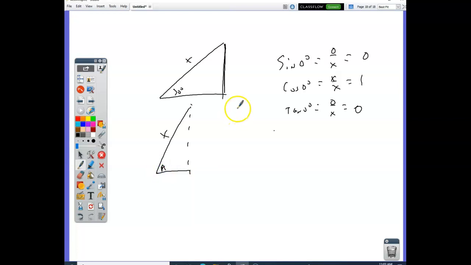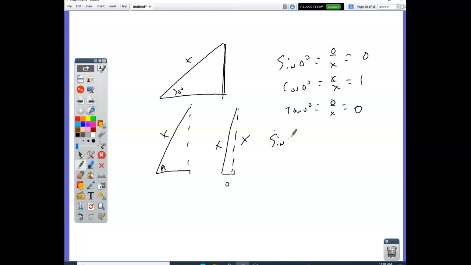Just keep going. The bottom shrinks to what? When I'm straight up and down, that becomes 0. And this becomes x, becomes the same. Okay? So that's my opposite, that's my adjacent, that's my hypotenuse. Let's do it.